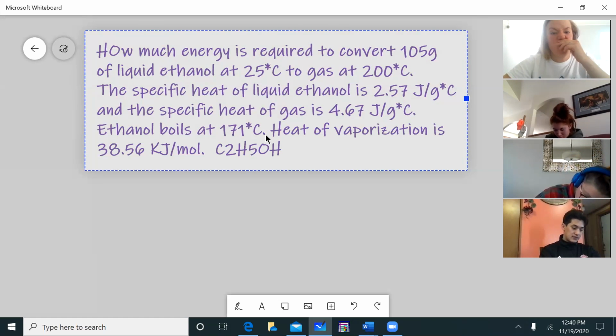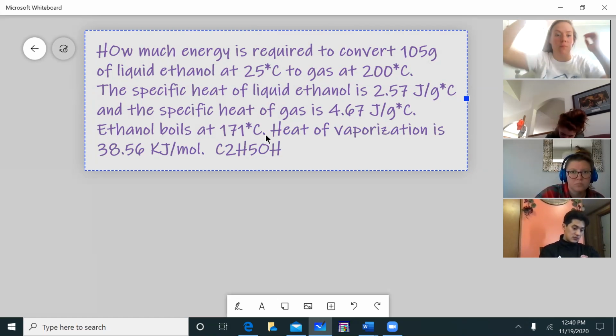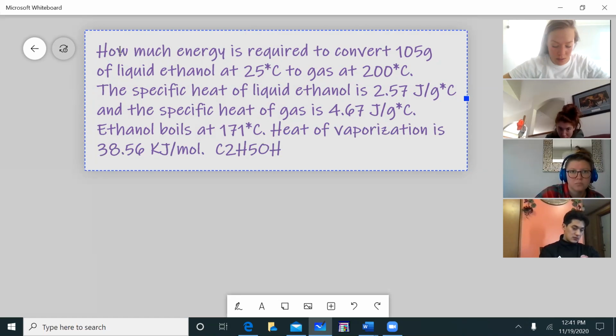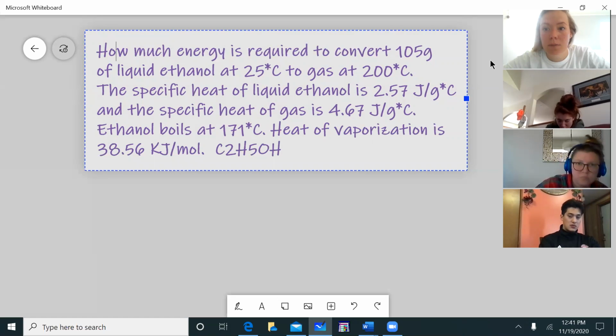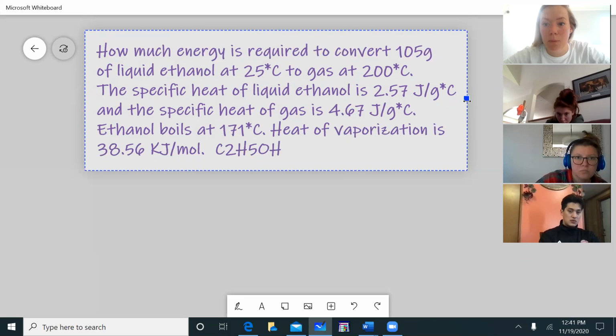So you do kind of need that to work the problem. I'd recommend first starting by drawing a heating curve. It's different than the one we worked on before where we had water parameters.